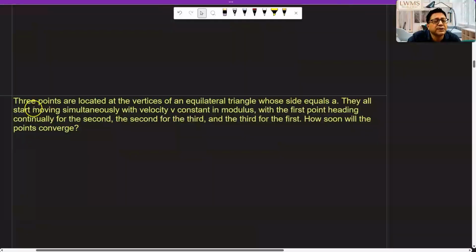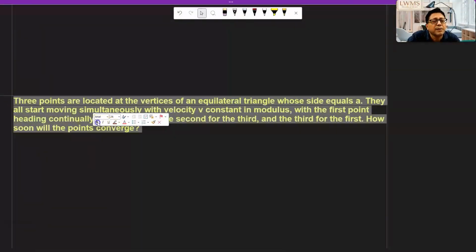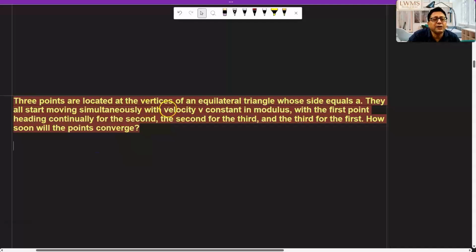Not this one, this one. Three points are located at vertices of an equilateral triangle whose sides equal A. They all start moving simultaneously.